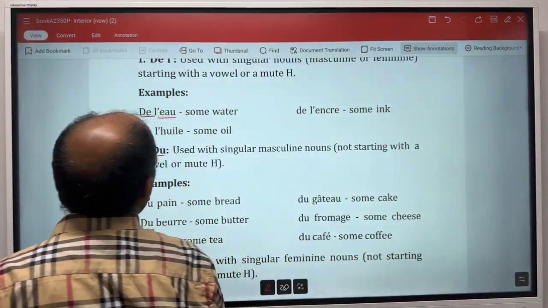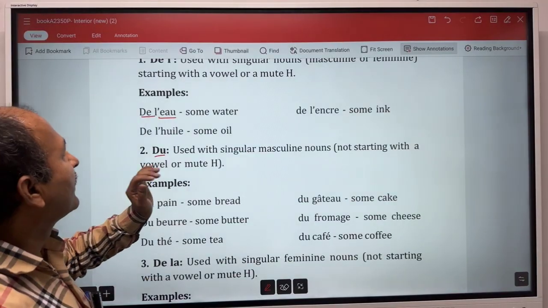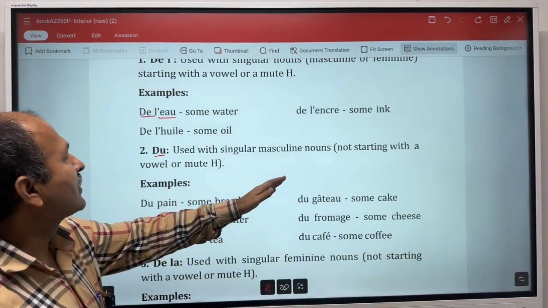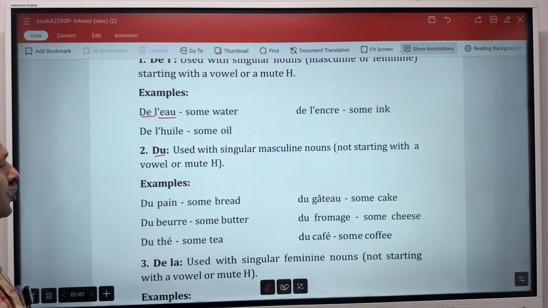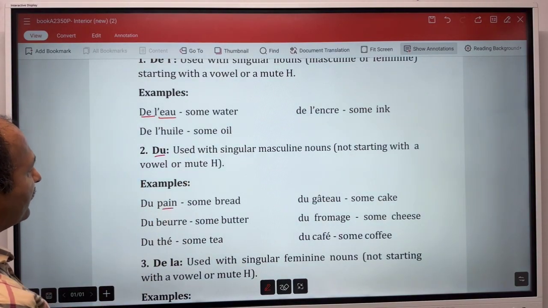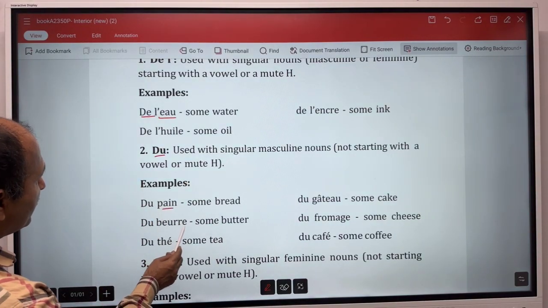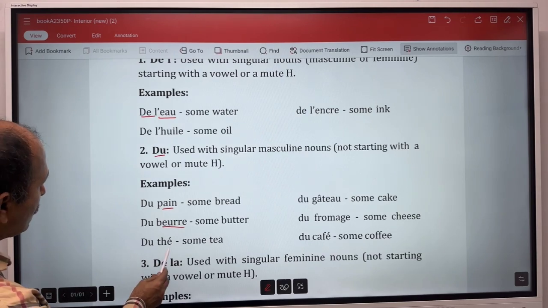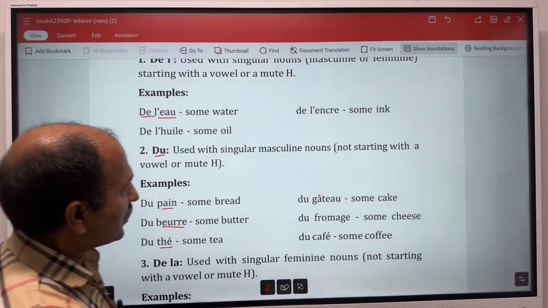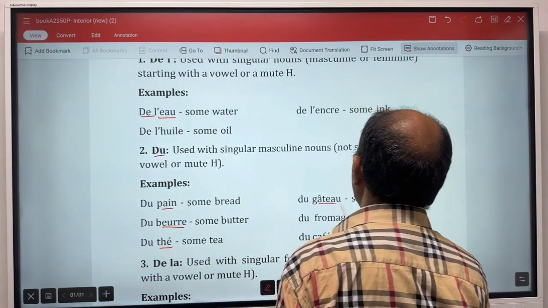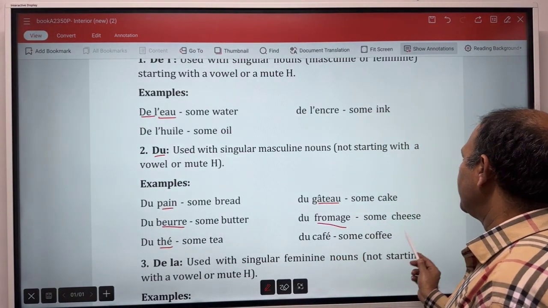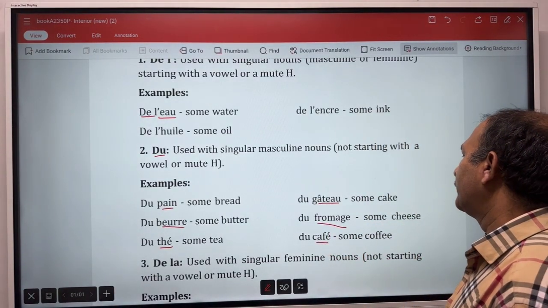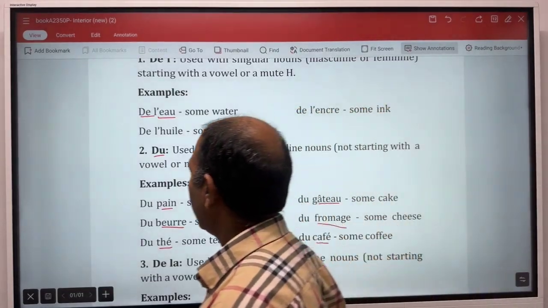Du is used when the word is masculine singular, not starting with a vowel or mute h. Example, du pain, some bread. Du beurre, some butter. Du thé, some tea. Du gâteau, some cake. Du fromage, some cheese. Du café, some coffee.